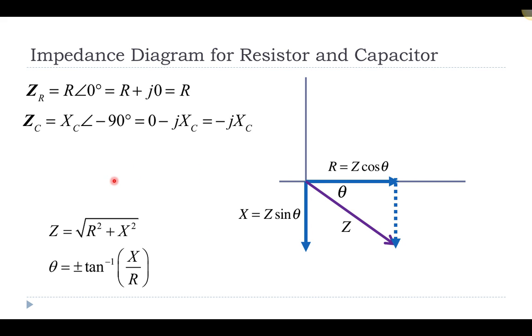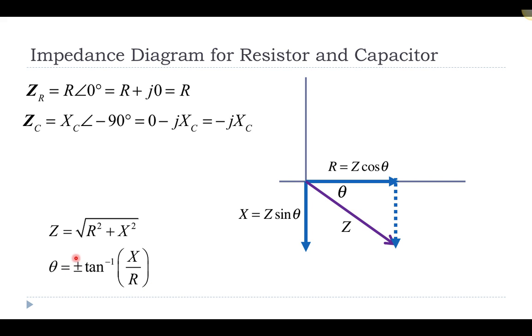So if I know the resistance and I know the capacitive reactance, or the reactance in general, I can figure out the overall impedance by using the fact that I have a right triangle: the square root of R squared plus the reactance squared. I can always find the angle, as we've done previously for an inductor, by taking the reactance piece, dividing by the resistance, and taking the inverse tangent.